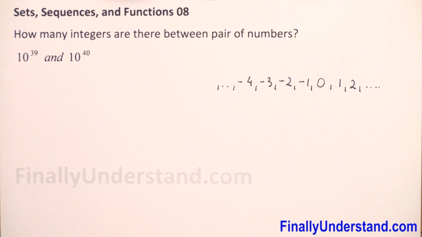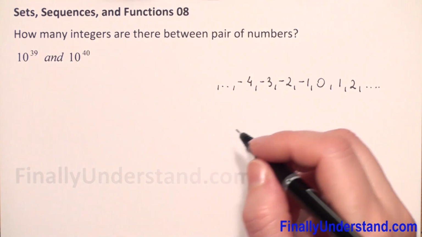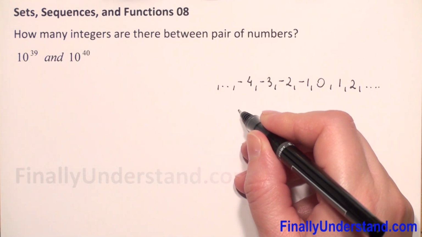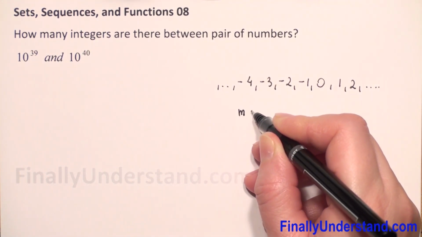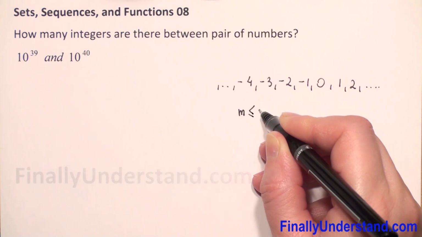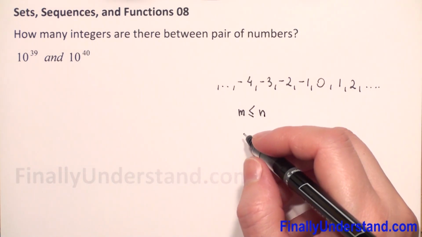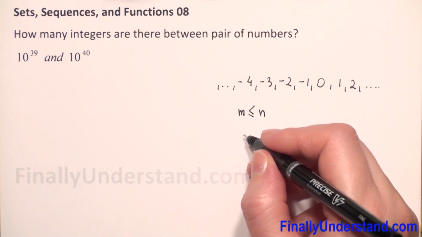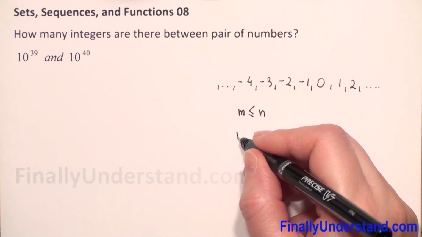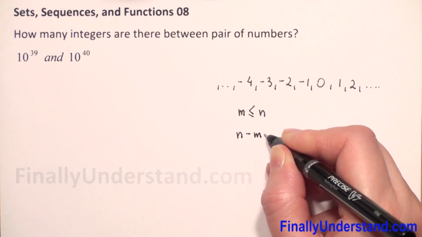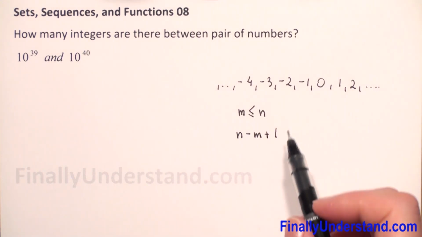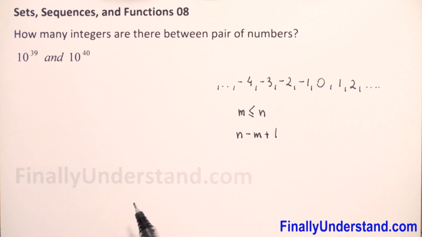The easiest way is to use the formula. When we have integers m and n, and m is less than or equal to n, then the number of integers is equal to n minus m plus 1. We have to add 1 because we have to include both ends.